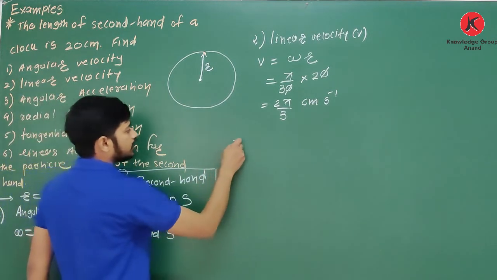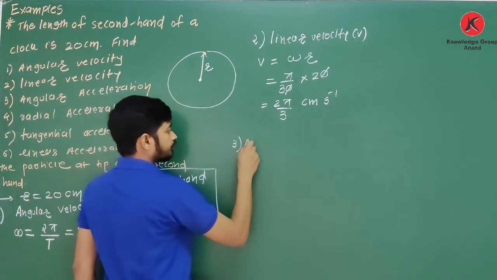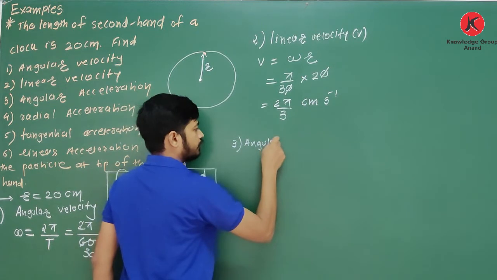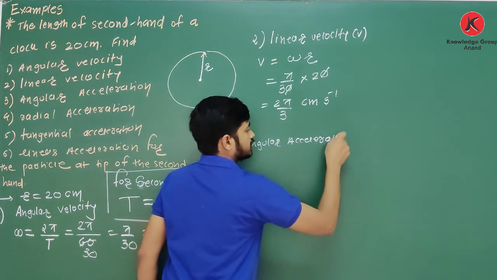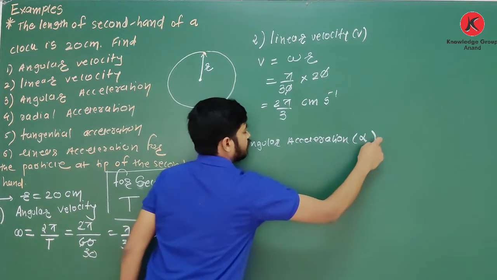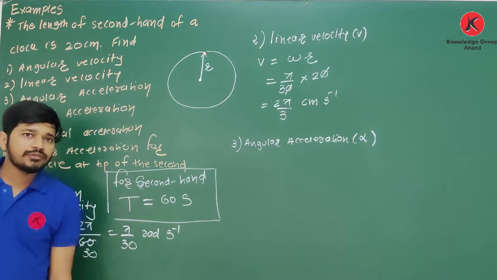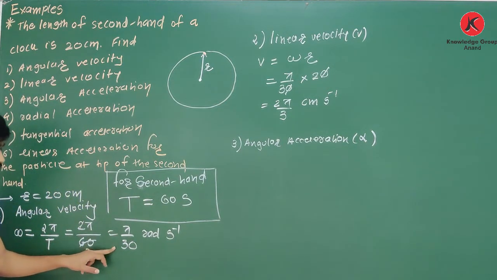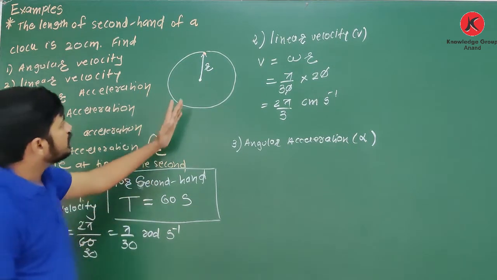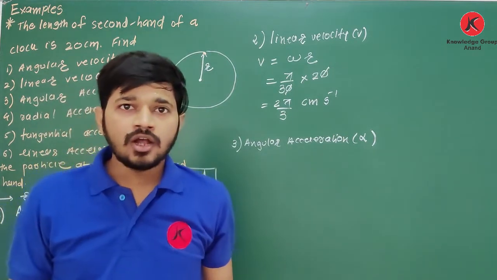Next one is number 3, that is angular acceleration. Angular acceleration means alpha. Now see angular velocity, pi by 30, is constant. Is the angular velocity of this second hand constant?